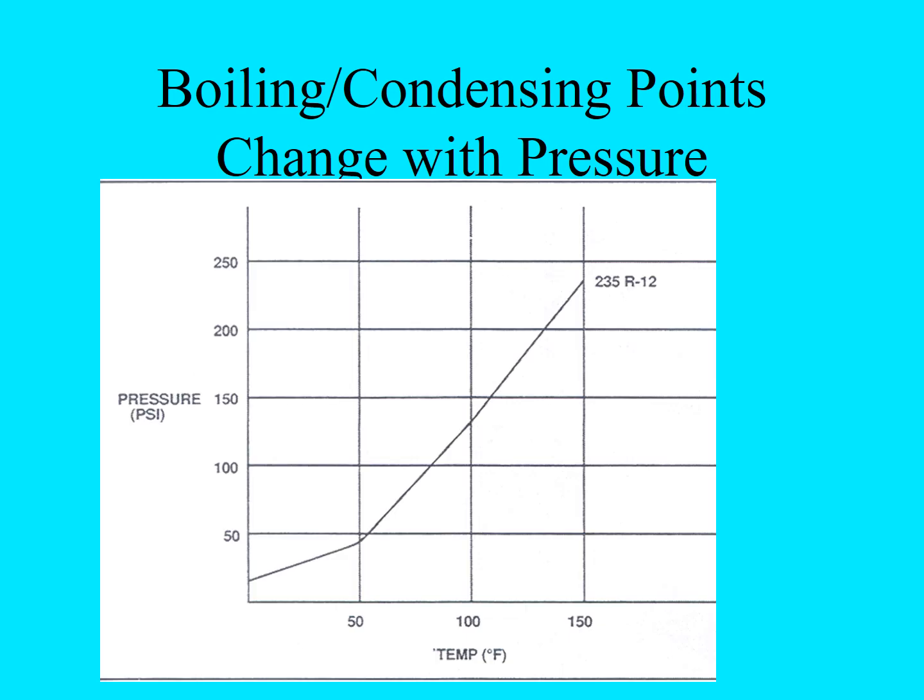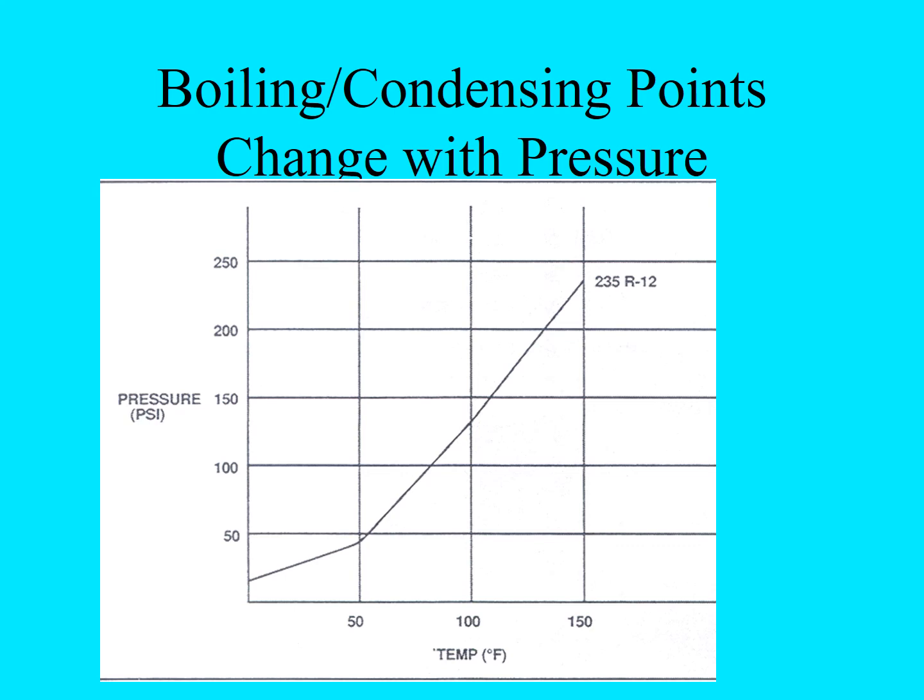So this is showing a graph of the boiling and condensation point of R12, 134A, and R1234YF is very, very similar. They have very similar properties. So we're just going to run with this graph because it's in your textbook.